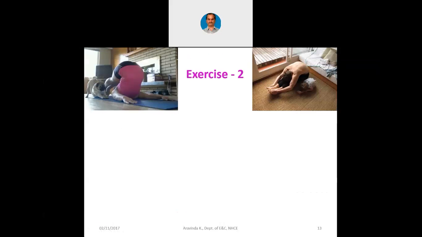Another exercise. Now you can see in the previous slide I showed you some funny pictures where people are trying to reduce the weight. Now this is a very safe method of exercise, practicing yoga here. You can see at the left side, when the person is practicing yoga, even his pet dog is practicing yoga. And the right side is still more cute.